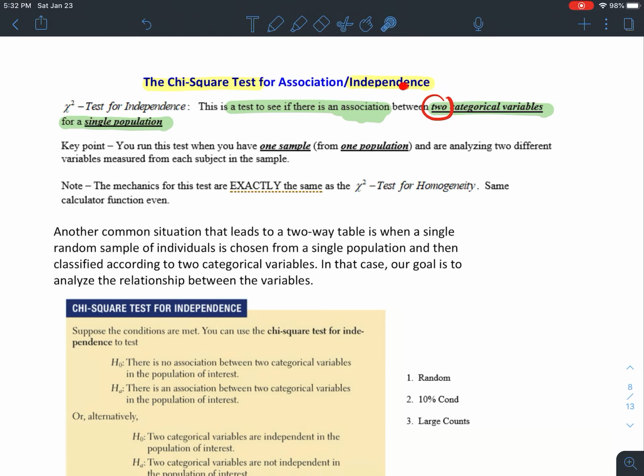Remember what independence means. It means that if you know one category or factor about someone, it could in some way influence or tell you something about another category. Okay, so the key point here is we're talking about one sample from one population, but we are measuring two categorical variables.